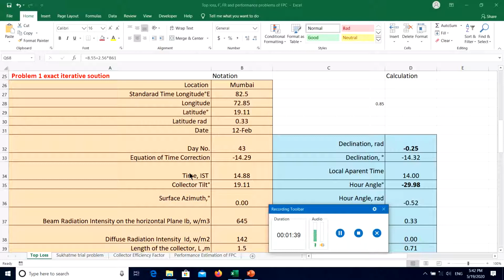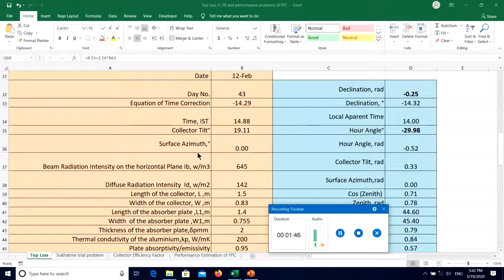Equation of time correction, this is at 12th February, then this is time. Surface azimuth, it is south facing collector, so surface azimuth equal to 0.